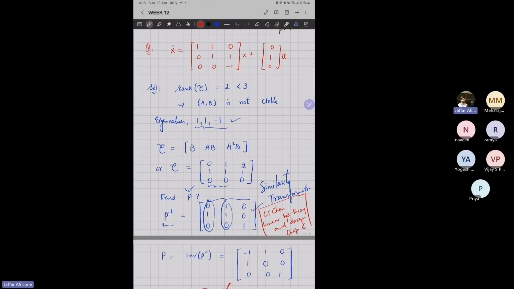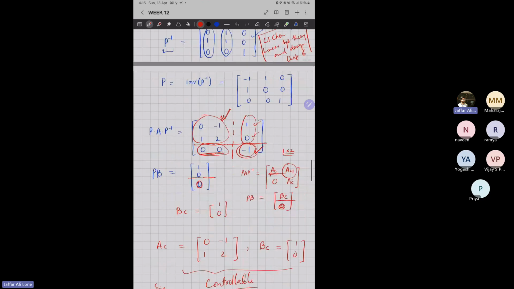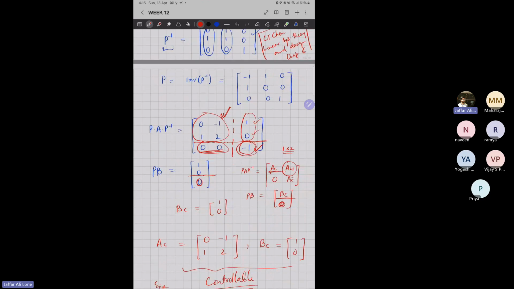I think maybe they have covered this in the NPTEL lectures as well, but I did not see that. But this is very, very important because you have questions in your assignment based on this. There is one question where you are asked to find whether the system is controllable or not.